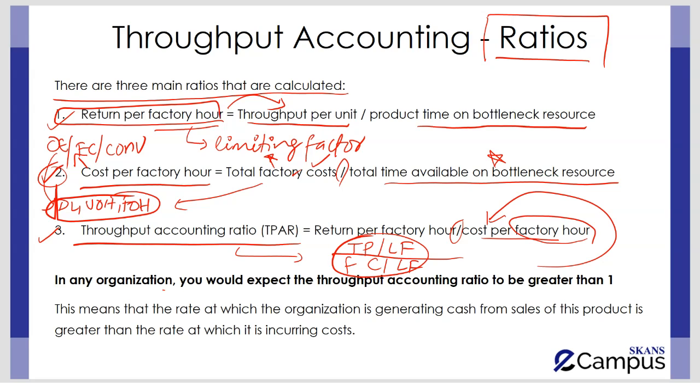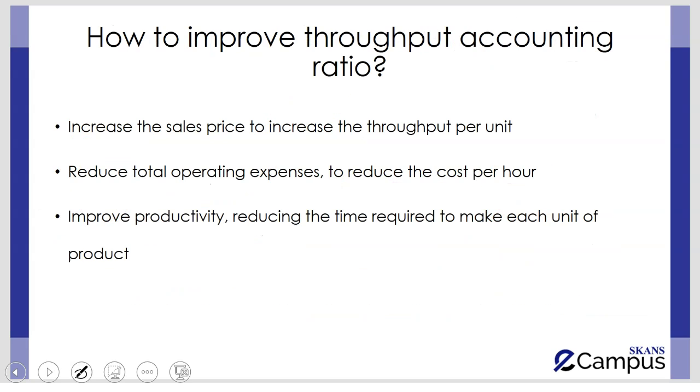Now, in any organization, it is expected that the throughput accounting ratio is greater than 1. Why? Because if the ratio is greater than 1, it means that the throughput return is generated at a higher rate as compared to the factory cost per limiting factor. Throughput accounting ratio, the higher the better.